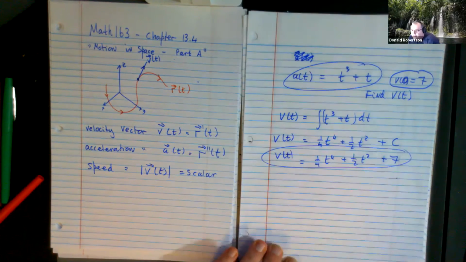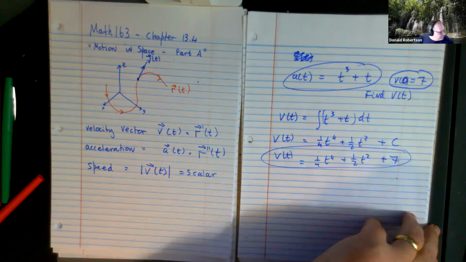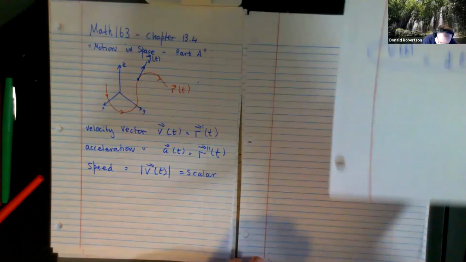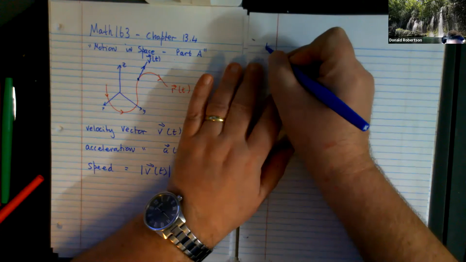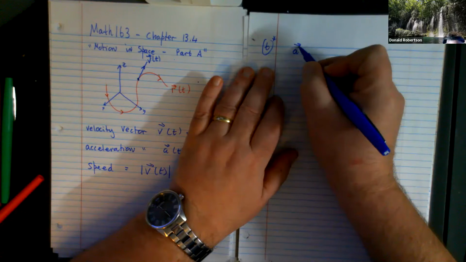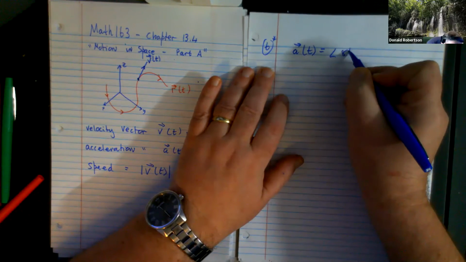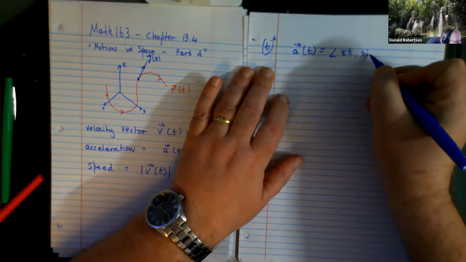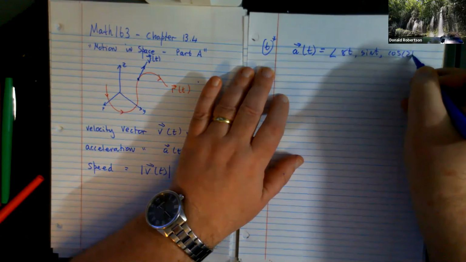Are we cool with that process? That if you know the acceleration, you can work backwards by integration to get velocity. Well, let's do the exact same thing. This is question 6. I'm going to tell you the acceleration vector: 8t, sine t, cosine of 2t.